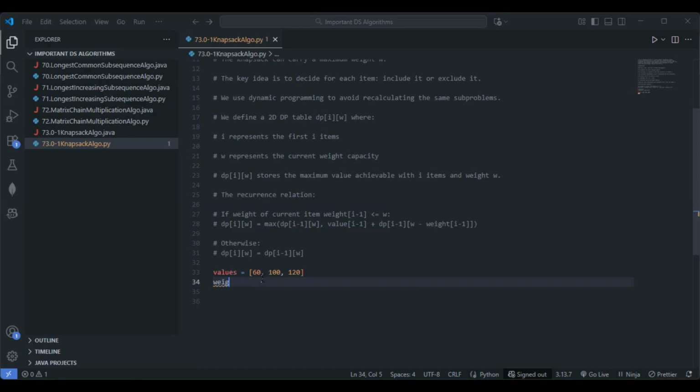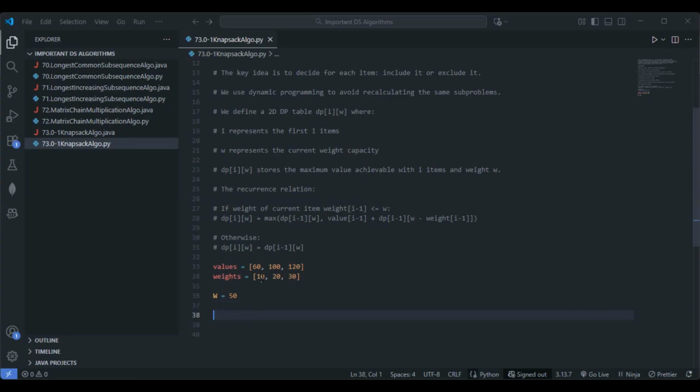So the weights will be 10, 20, and 30. Now let's go with the maximum weight capacity of the knapsack, nothing but W. Let me assign this to 50.